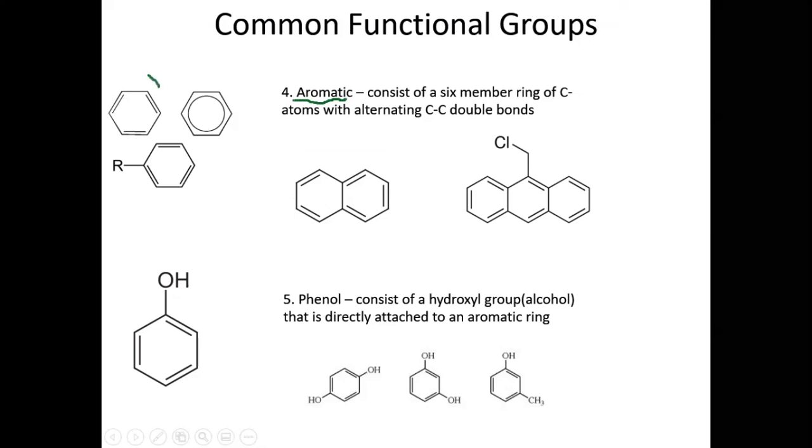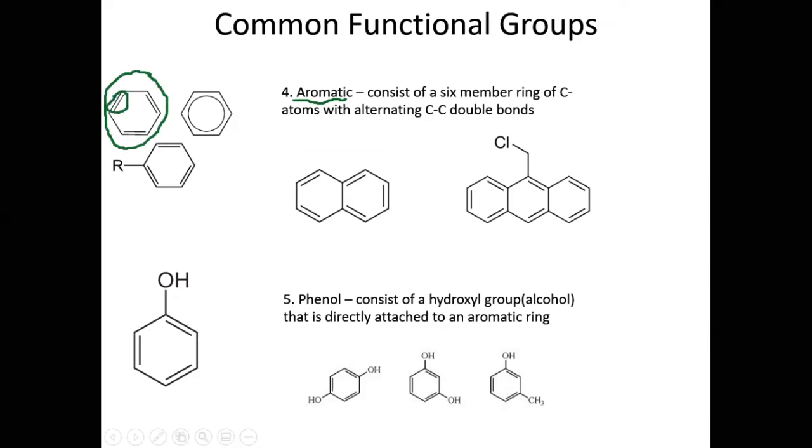If it's just one 6-membered ring with alternating double bonds, as you see here, this is called the benzene ring, which you may remember is what we used when we were drawing our saccharinate. The benzene ring has different forms. You can see it with the 3 double bonds shown here, or sometimes it's just drawn like this structure here.